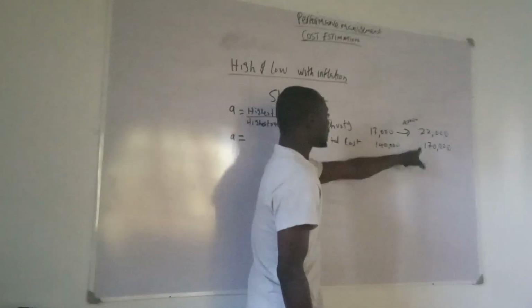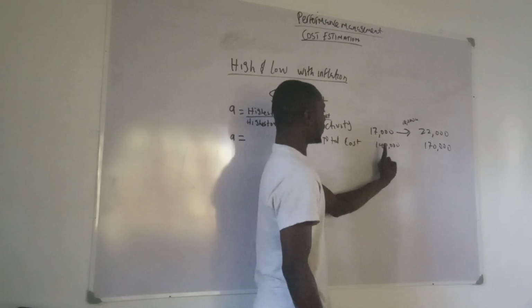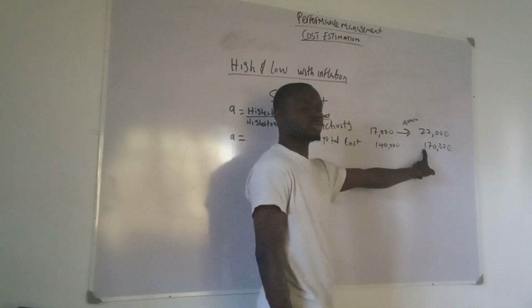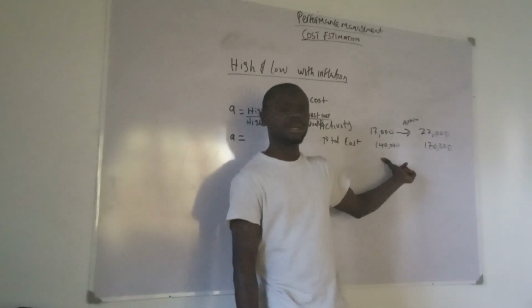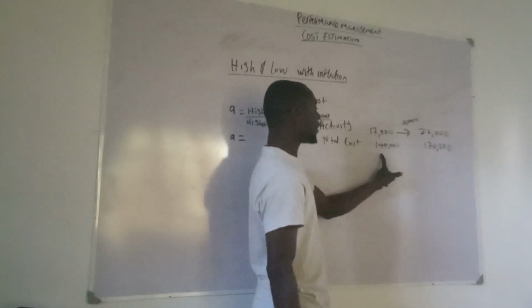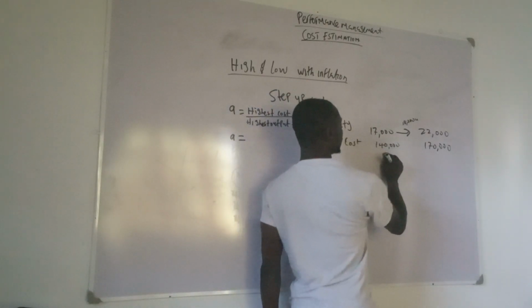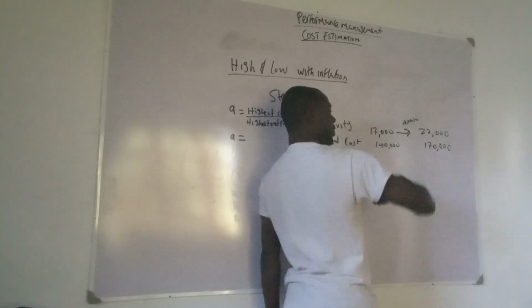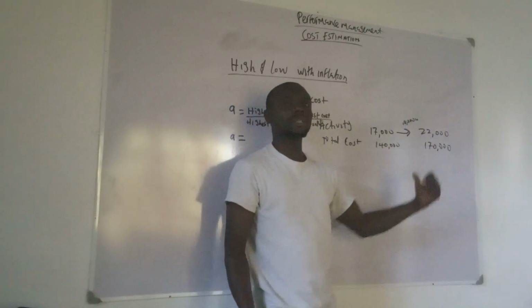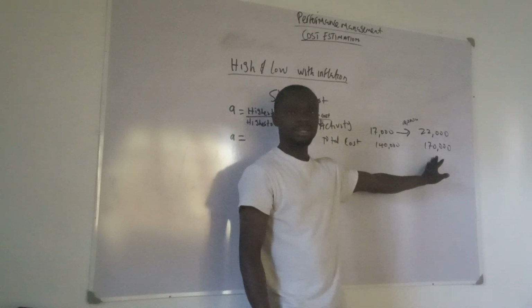Which means that we are to add 5,000 naira to the total cost, because it moves from 17 to 22. Now you need to effect the inflation cost of that 5,000 naira, because it will move from this to this.